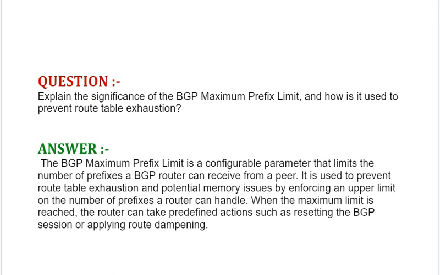It is used to prevent route table exhaustion and potential memory issues by enforcing an upper limit on the number of prefixes a router can handle. When the maximum limit is reached, the router can take predefined actions such as resetting the BGP session or applying route dampening.